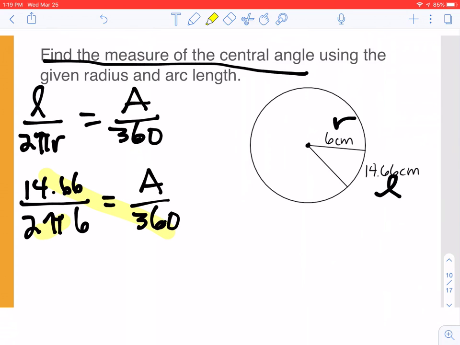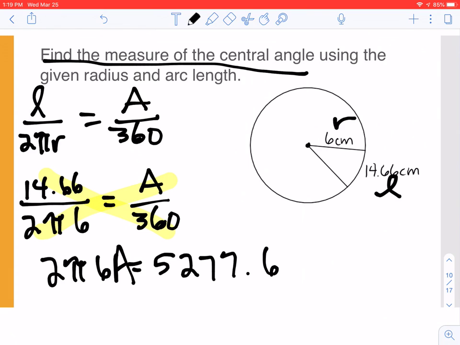Cross multiply. So now I have 2 pi times 6 equals, now I got to do my calculator, 360 times 14.66 equals, forgot my A over here, don't forget your A, 5277.6.